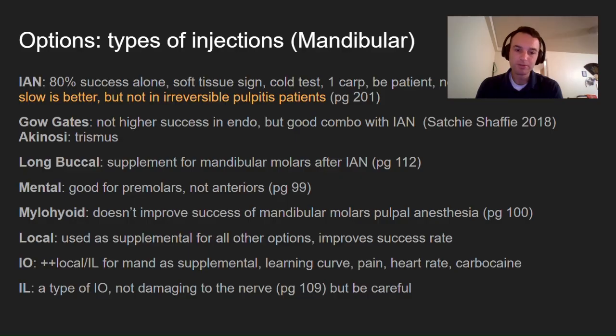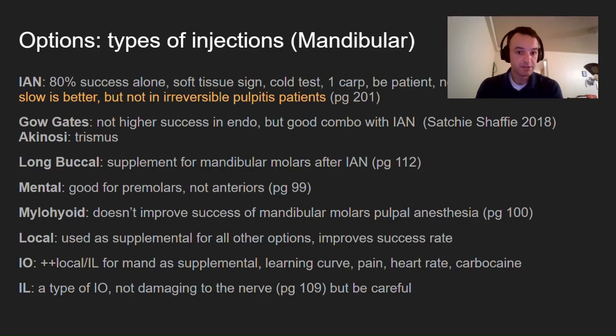Local infiltration can be used as a supplement for all the options, and it should be. Consider it much of the time. Intraosseous is more successful than just local infiltration or a PDL or intraligamentary injection for mandibulars. It's a little bit of a learning curve.